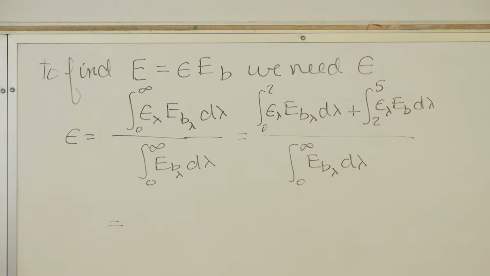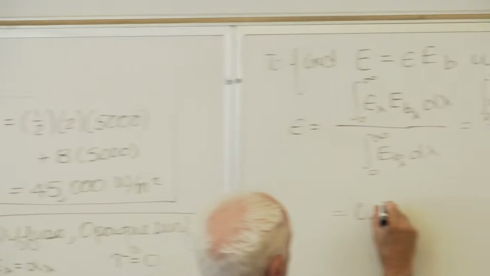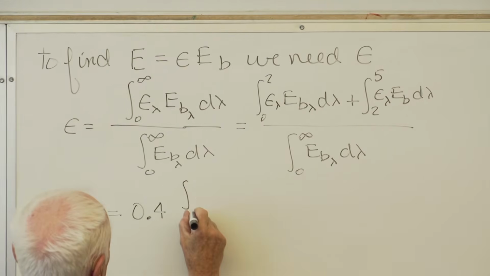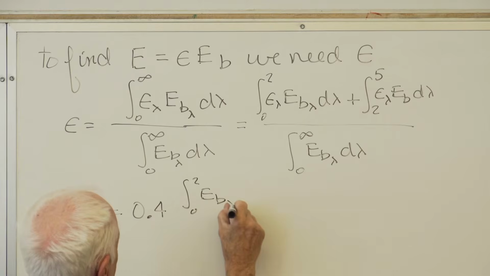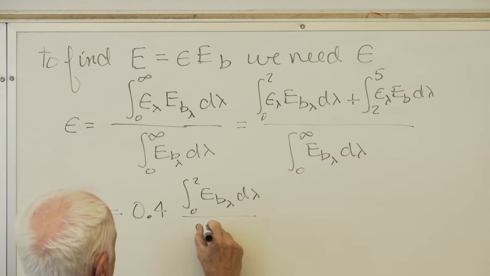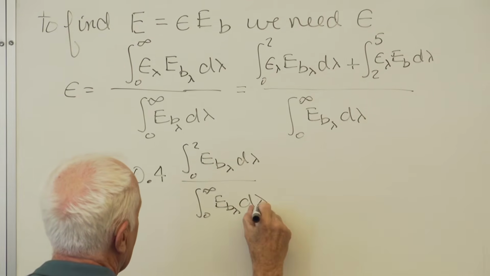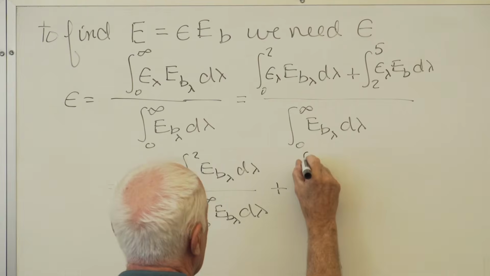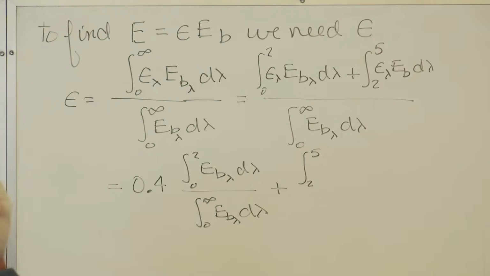Between 0 and 2, epsilon lambda is constant, 0.4. From 2 to 5, that is 0.8.